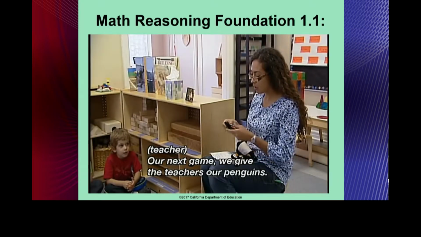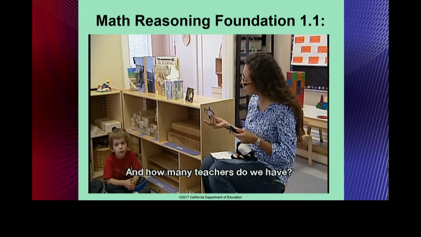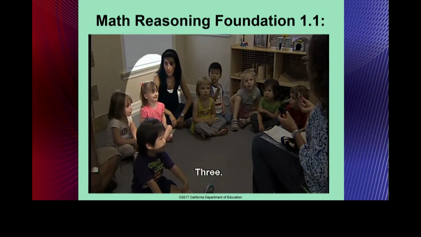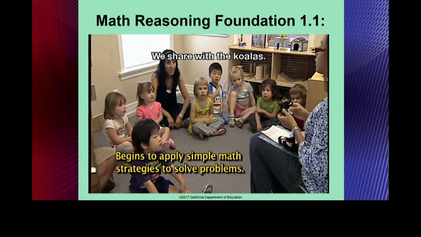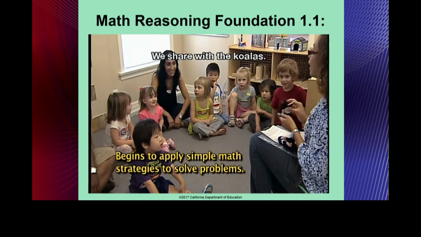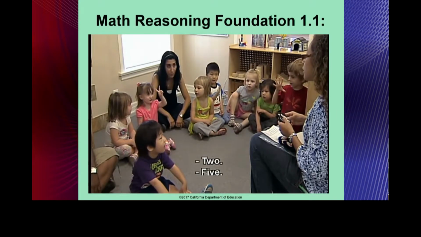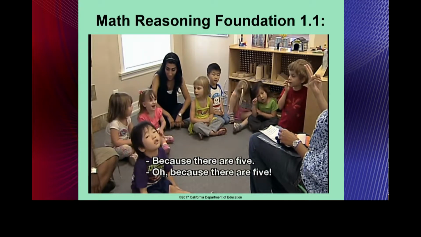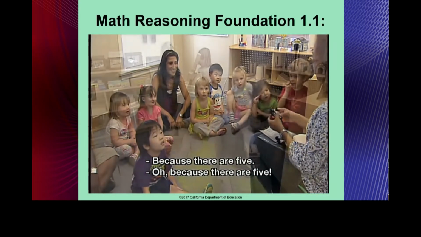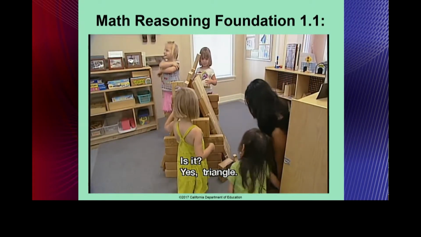Our next game, we give the teachers our penguins. And how many teachers did we have? 3. But I have an idea. We share with the koalas. How many should we share with the koalas? 2. 2? What's 2? Because there's 5. Oh, because there are 5. Okay. What shape is this? And half triangle. Is it? Yes, triangle.